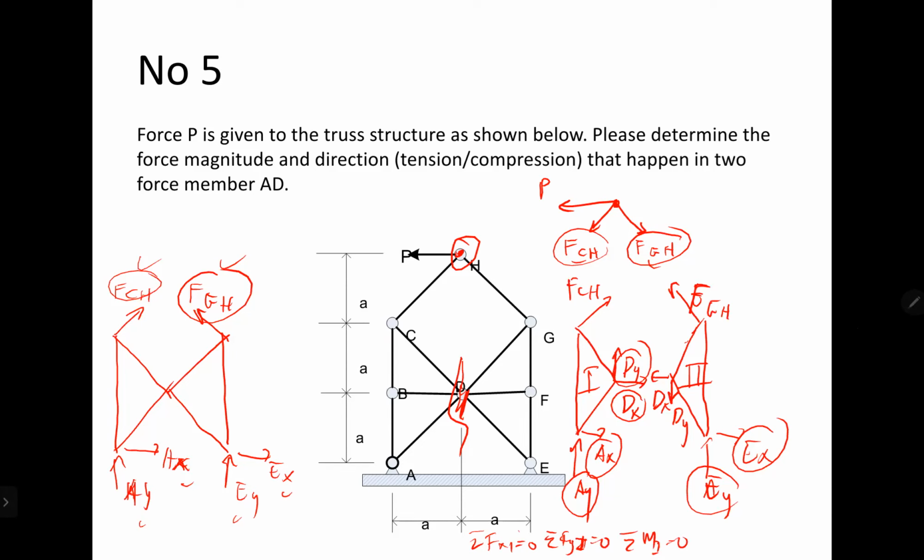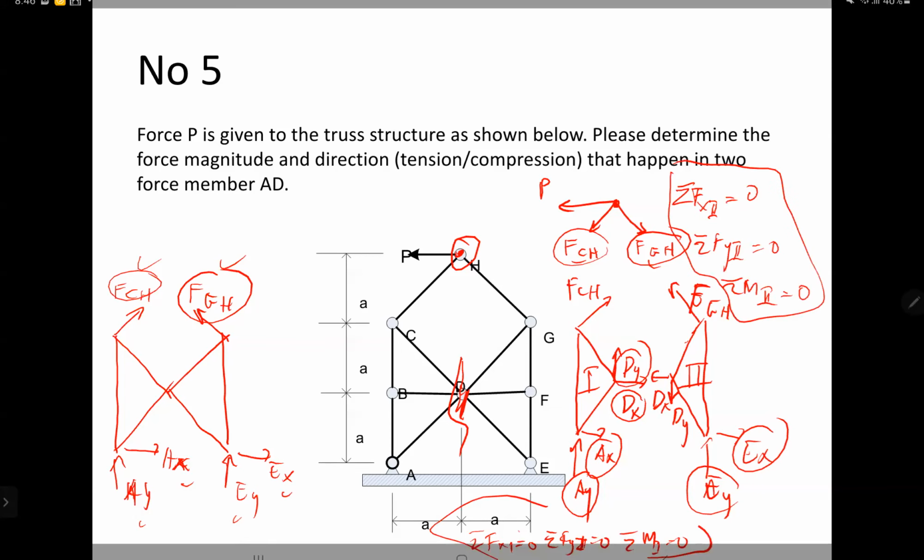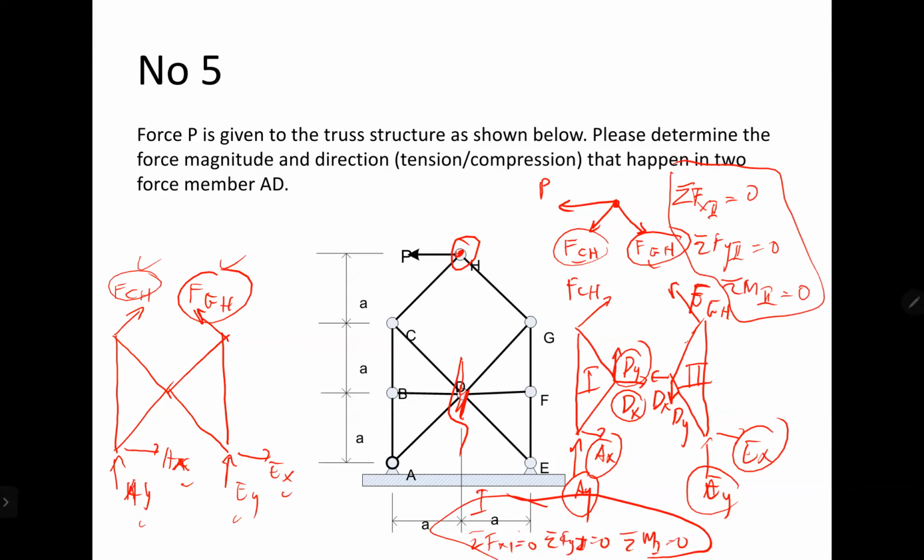And from the second free-body diagram, we will have sigma Fx2 equal to 0, sigma Fy2 equal to 0, and sigma moment 2 equal to 0. Six unknowns, six equations. You will be able to solve it.